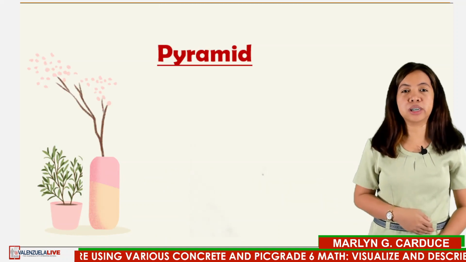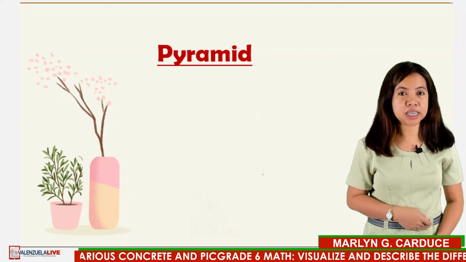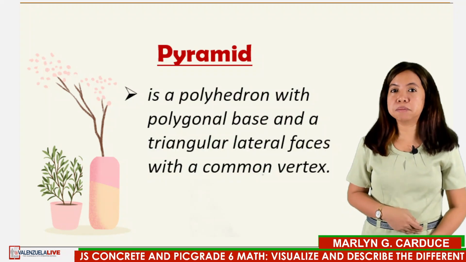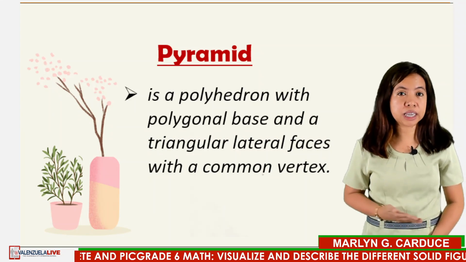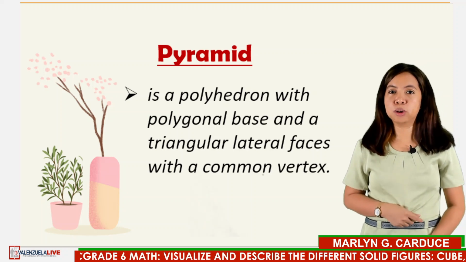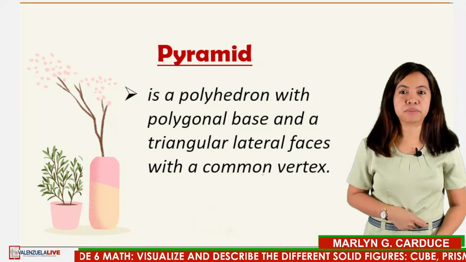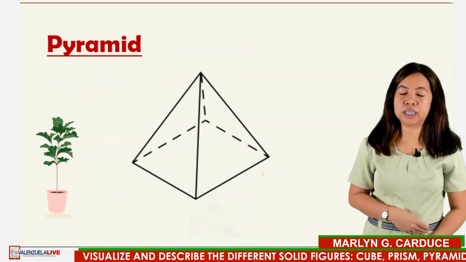So let's proceed to another example of a solid figure, and that is the pyramid. So pyramid is a polyhedron with a polygonal base and triangular lateral faces with a common vertex. So this is an example of a pyramid.